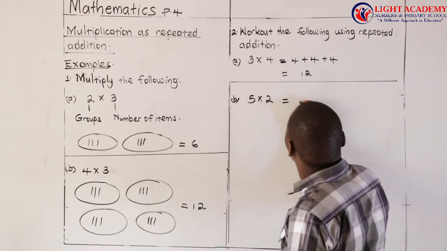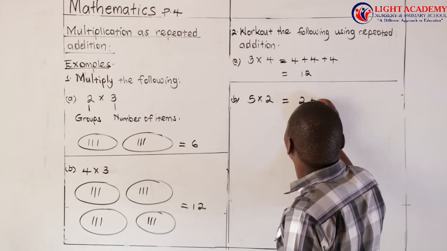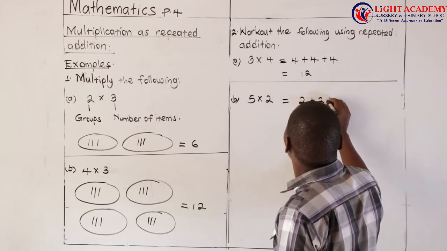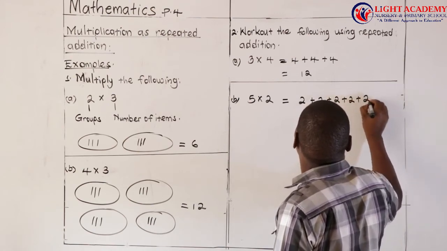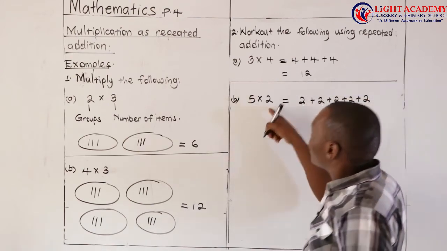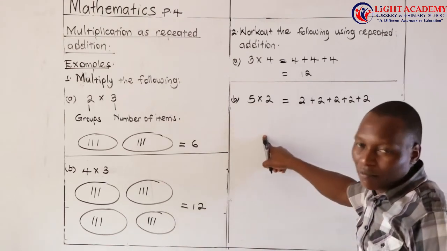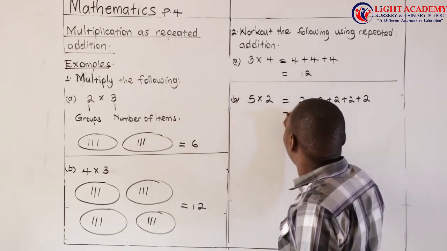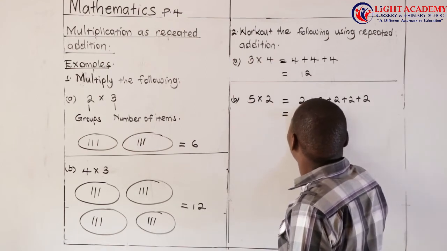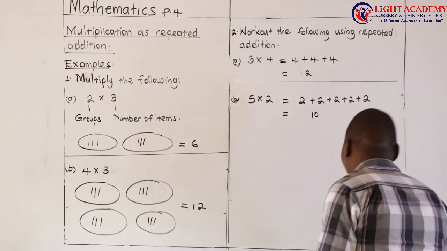So we shall have 2 being added to another 2, being added to another 2, being added to another 2, being added to another 2. I'm adding 2 for 5 times, meaning 5 multiplied by 2. So the answer I get when I add all of them becomes 10.